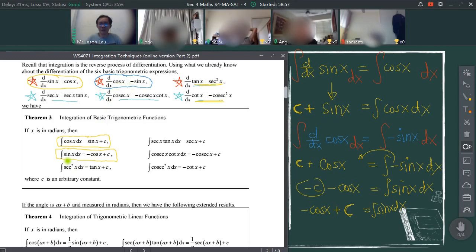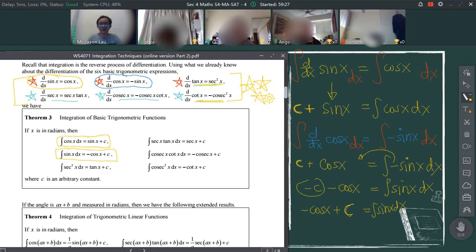Now integrate sine, you get the negative sign over there. Negative sign, S-I-G-N, sorry, not S-I-N-G. So be careful of this. Just memorize this. If you are going to memorize, I would say memorize this one.